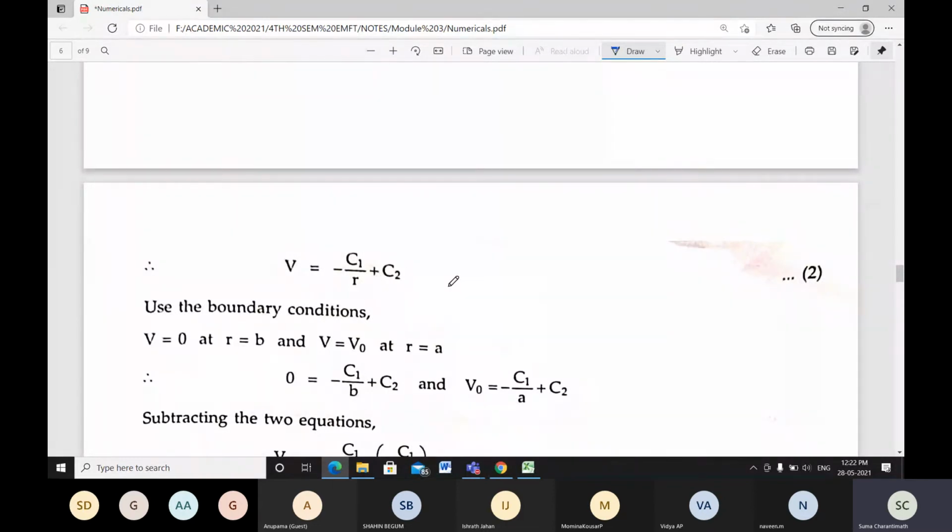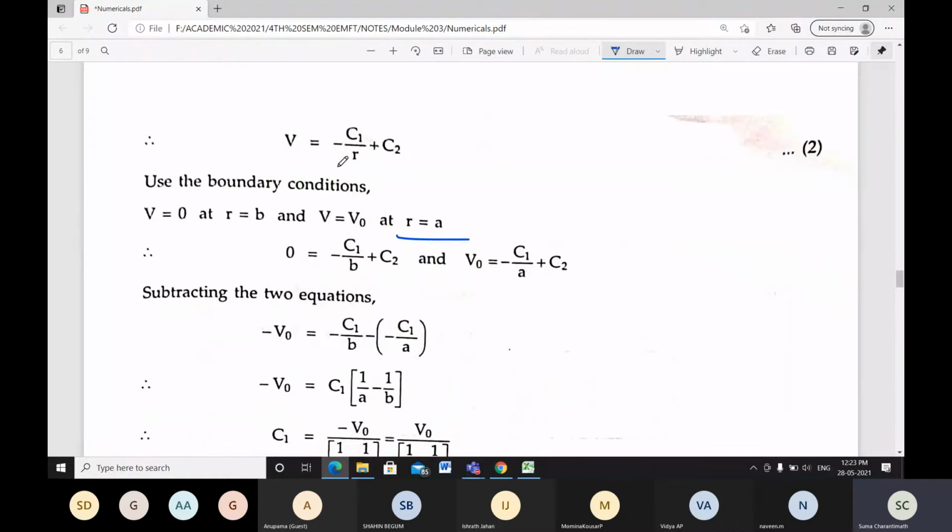Then using the boundary conditions, V out is going to be 0 at r equals b, and V equals V naught at r equals a. Substitute the r and V values here. In the first case, 0 equals minus c1 divided by b plus c2. Then V naught equals minus c1 divided by a plus c2.